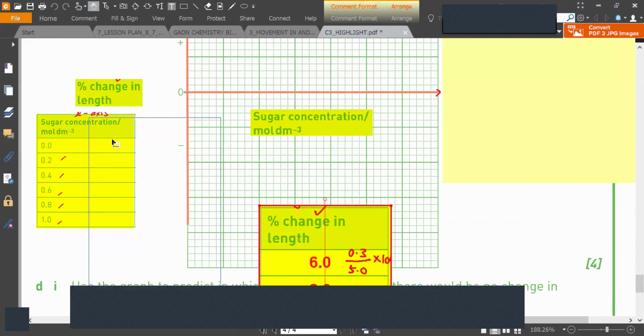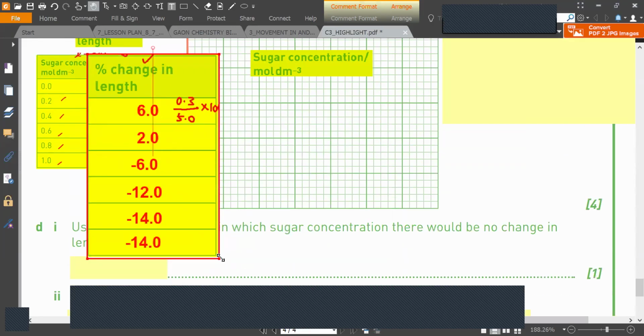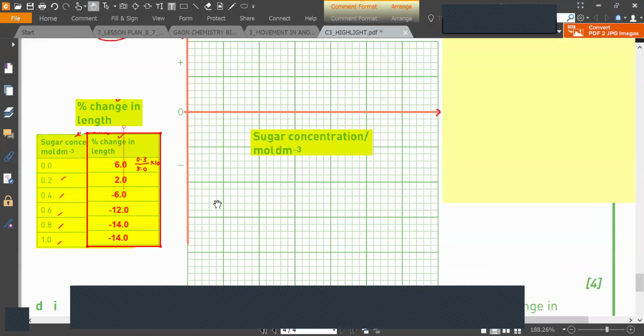Now we want to set up the scales. Make sure we do the scale properly. I think this one is straightforward. For the concentration it is just 0 here, then 0.2, 0.4, 0.6, 0.8, and then 1.0. Easy.